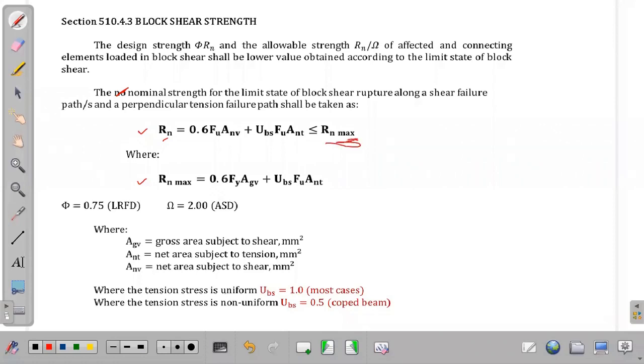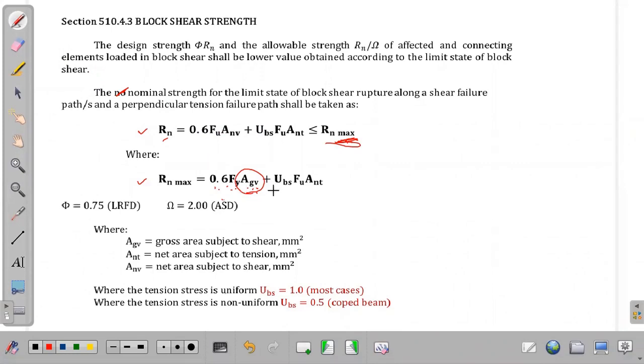Okay? So what is Rn max? Where Rn max, our maximum nominal strength, is equal to this value: 0.6 Fy Agv. Those notations are given, those definitions. Plus Ubs Fu Ant.